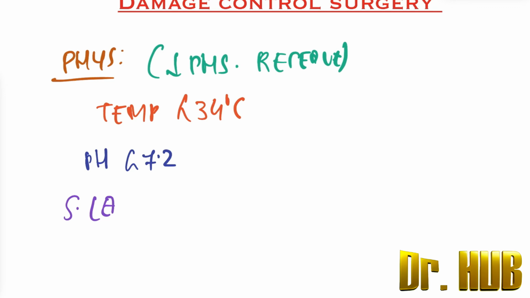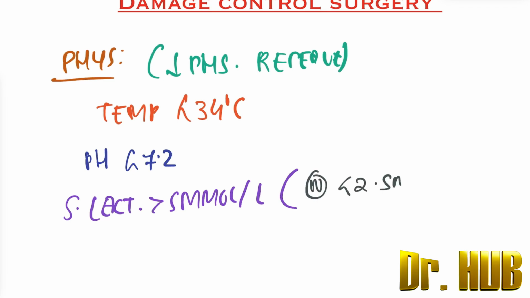The serum lactate is going to be greater than 5 millimole per liter, and the normal reading is less than 2.5 millimole per liter. Then the prothrombin time, known as the PT, is greater than 16.